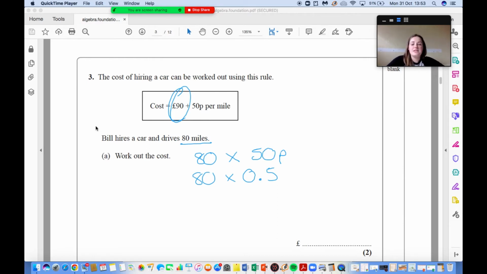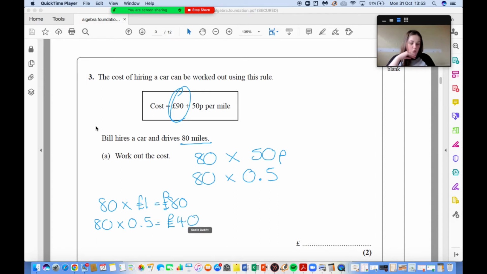So, instead of saying, right, what's 80 times 50? Why don't we do 80 times £1. If we said 80 times £1, that's obviously going to be £80. But we haven't got a pound, we've got half of that. So 80 times 50 pence, or 0.5, would actually be half of 80, which is 40.